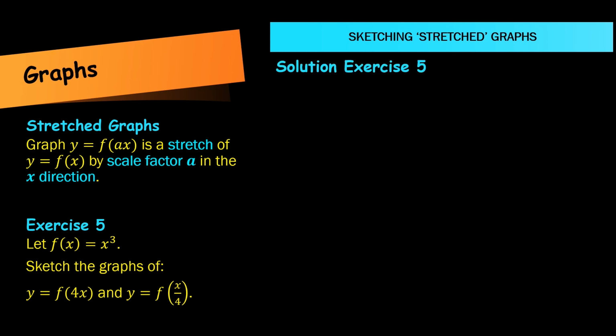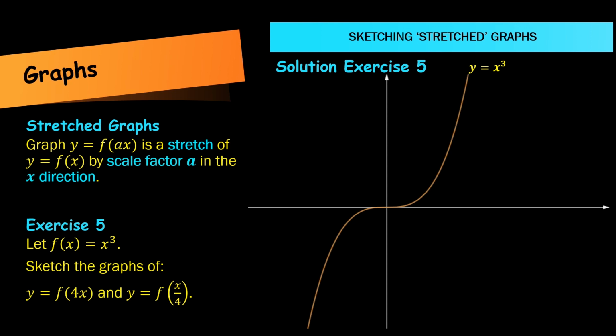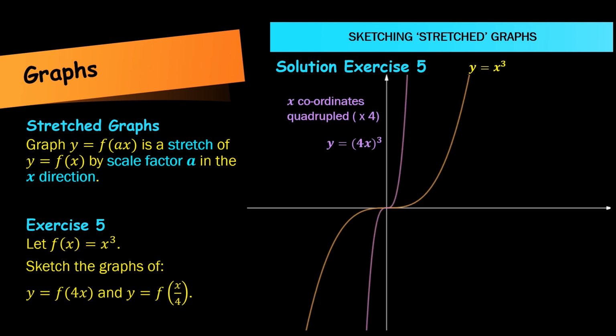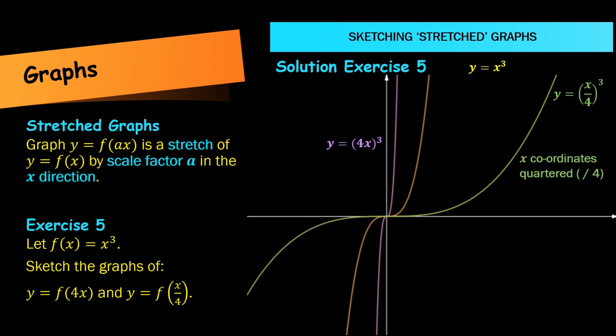So let's solve this. Here's y equals x cubed. And here's y equals 4x all cubed, the x coordinates being quadrupled. And here is y equals x over 4, all raised to the power 3. The x coordinates have been quartered.